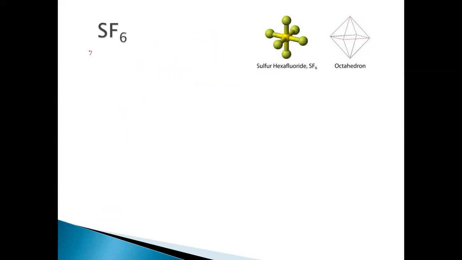This sulfur is in group 16, so we already know it has 8 and 6. So half into 6 plus 6, okay, fine. This again is 6, so this is sp3d2.